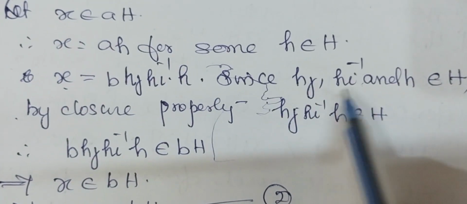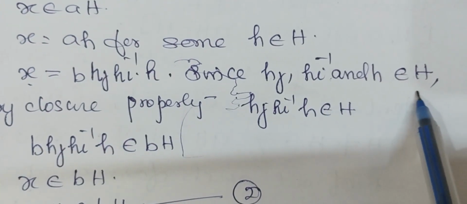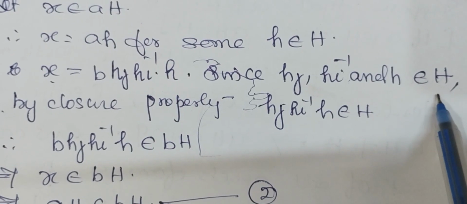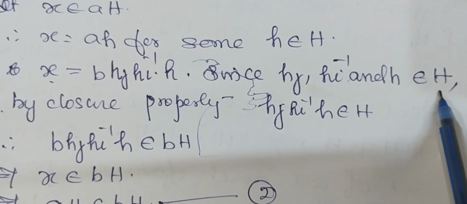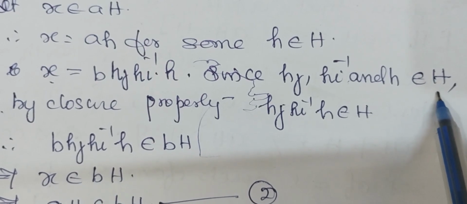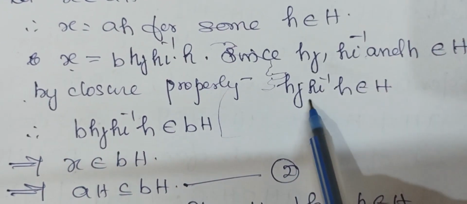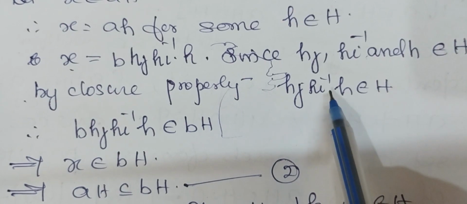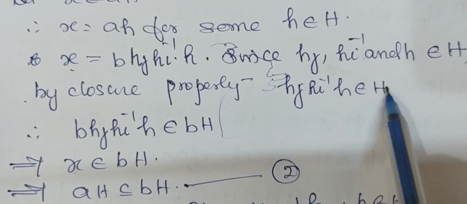Since h_i inverse and h belong to H, and H is a subgroup, therefore it is closed. That means operating with these three elements, the result will also belong to H, that is h_j h_i inverse h belongs to H.